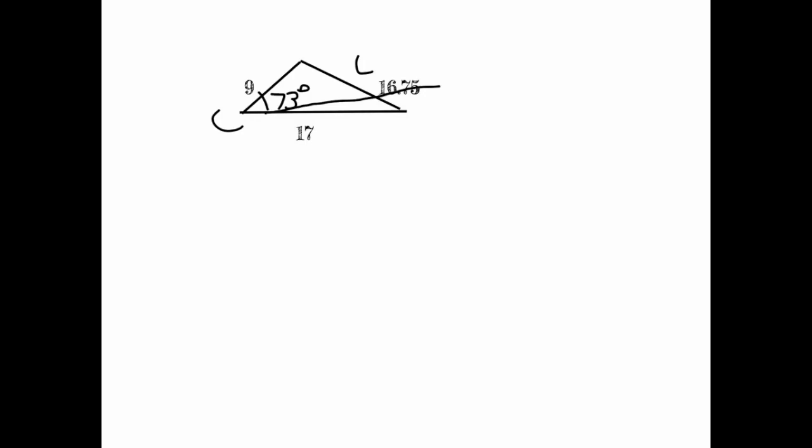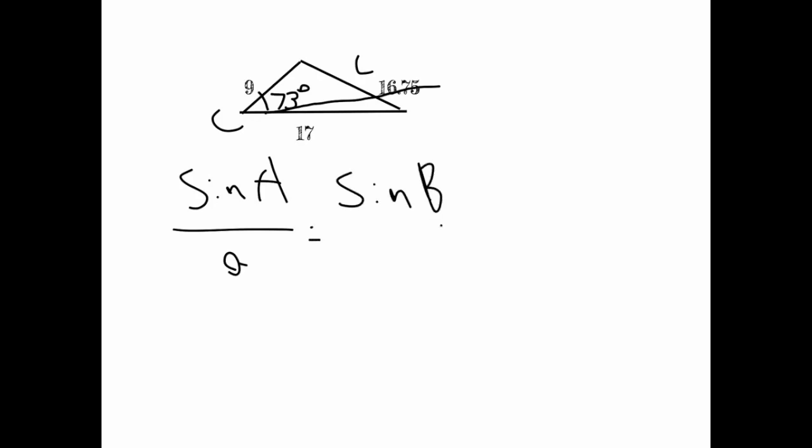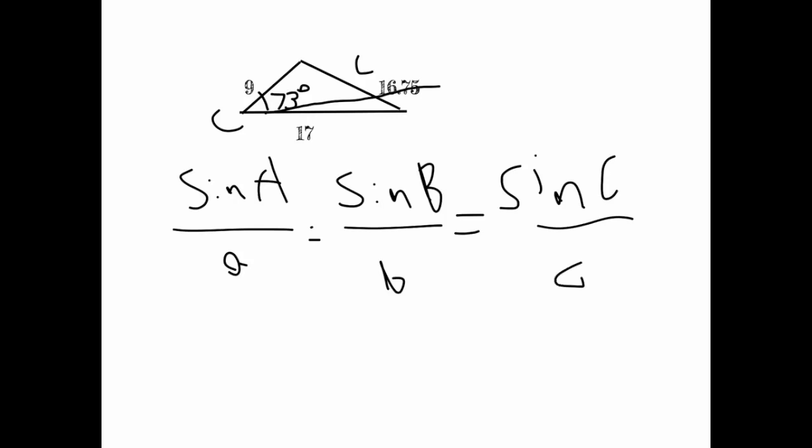Here's how it looks. Sine of A over A is equal to sine of B over B, which is equal to sine of C over C.